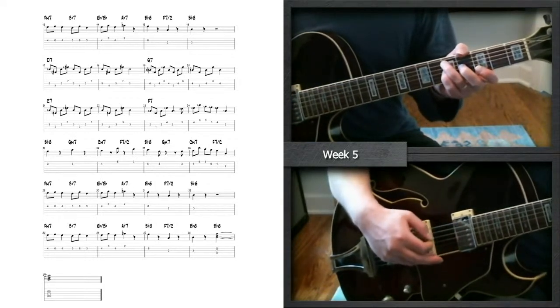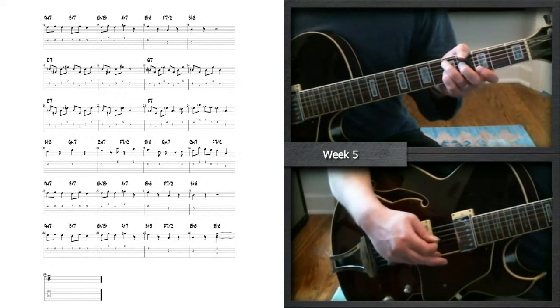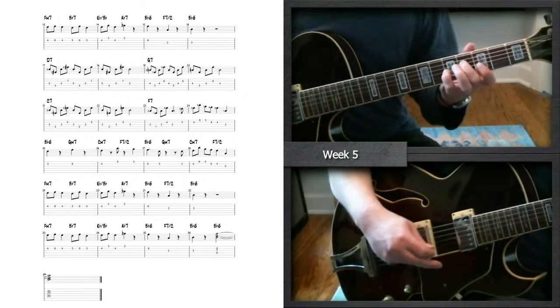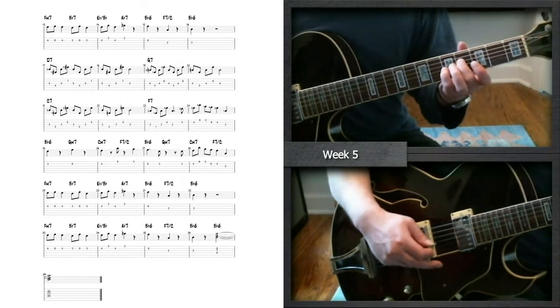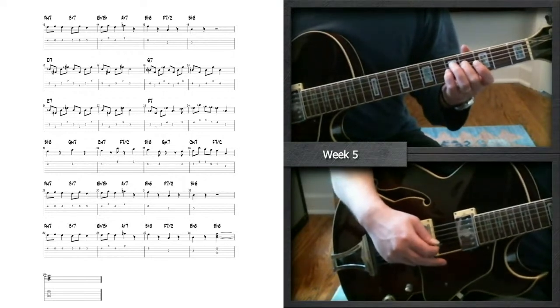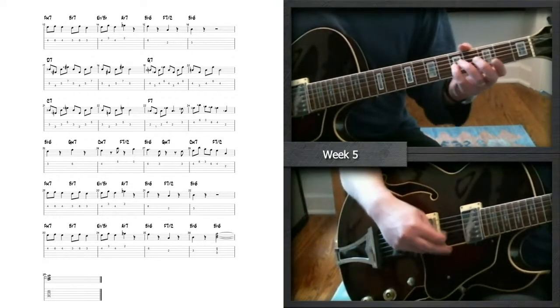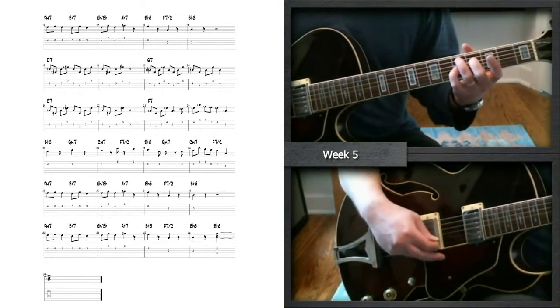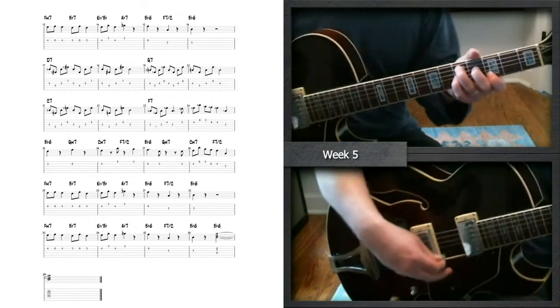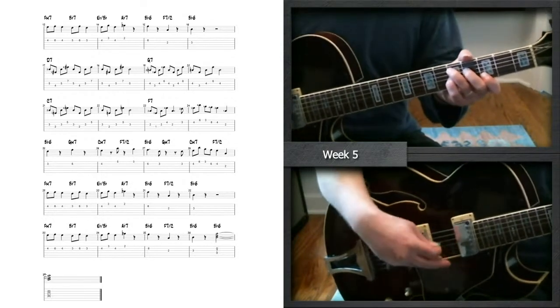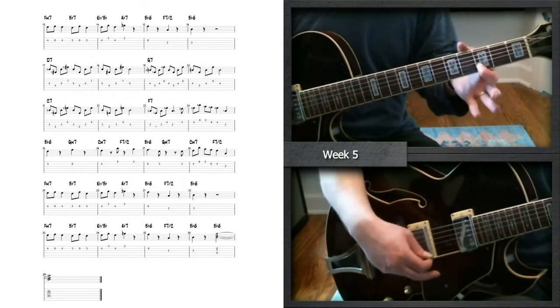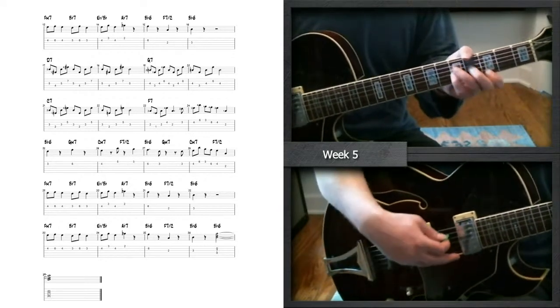right? Your root, 5th string, 5th fret, 3rd finger, then 2nd finger on the 3rd, or the F sharp note, on the 4th fret of the 4th string, and then my pinky grabs the flat 7, 5th fret, 3rd string, and then my root is on the 2nd string, 3rd fret, 1st finger.